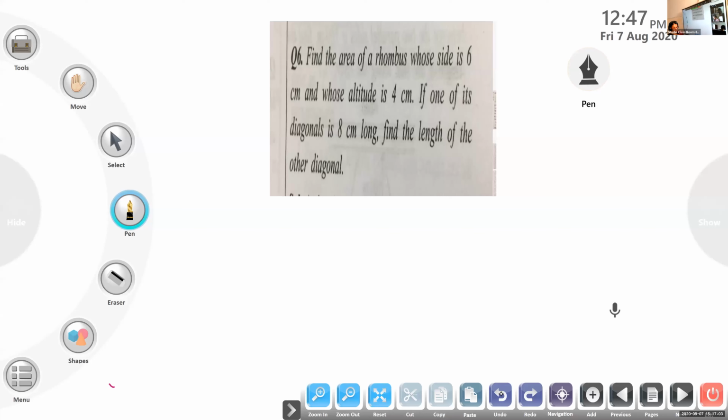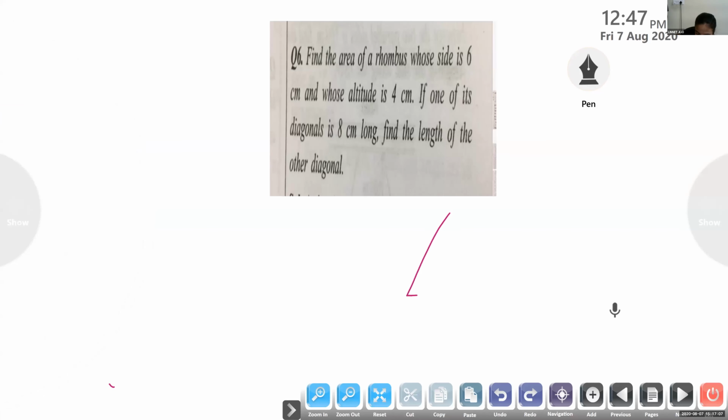A rhombus with 6 centimeter sides. All the sides are 6 centimeter and whose altitude is 4 centimeter.